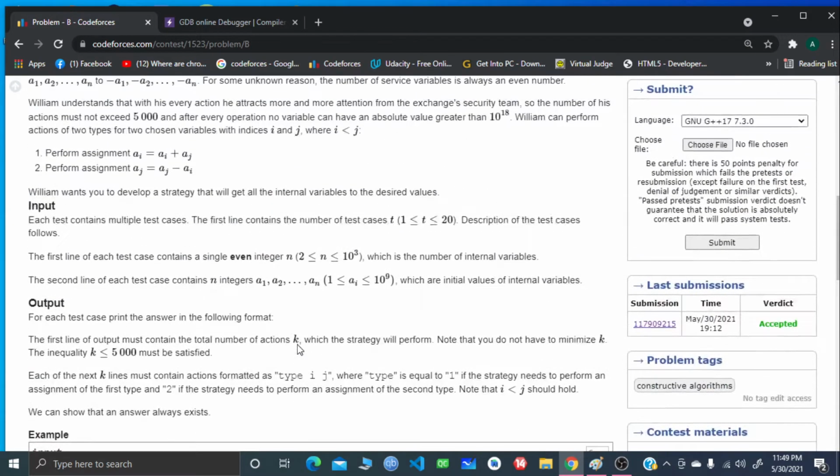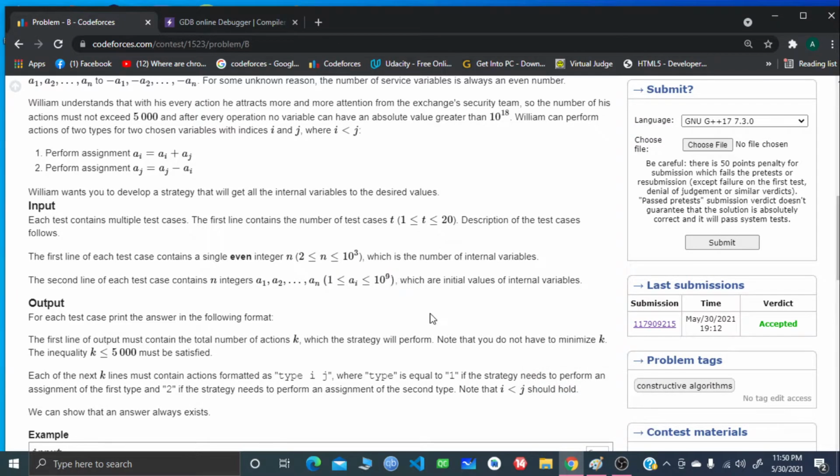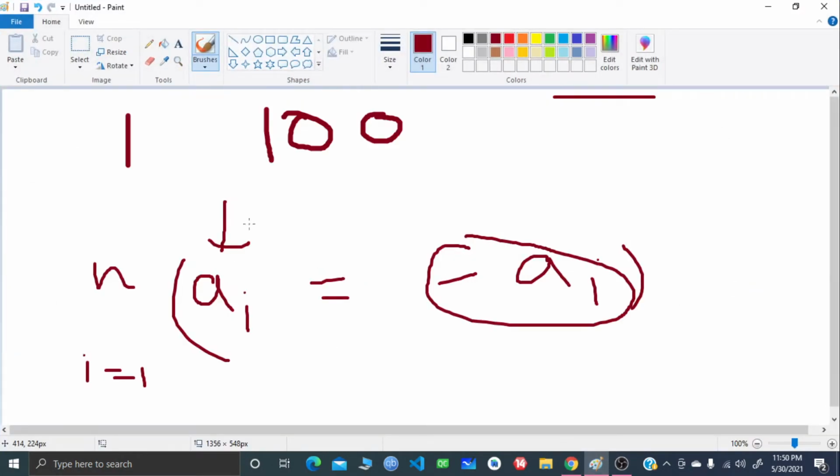Why am I saying that? Because n is even, and this is going to help us for sure. Now think about it. How I approached it was: as n is even, let's take the smallest positive even number, which is 2, and let each value be positive. Then I tried to make an observation.